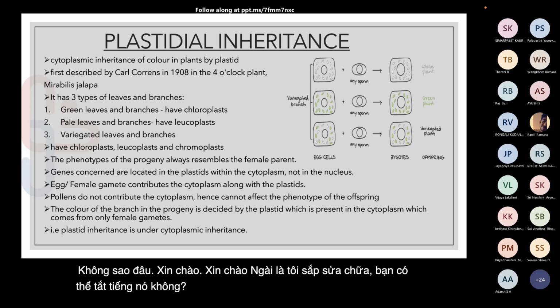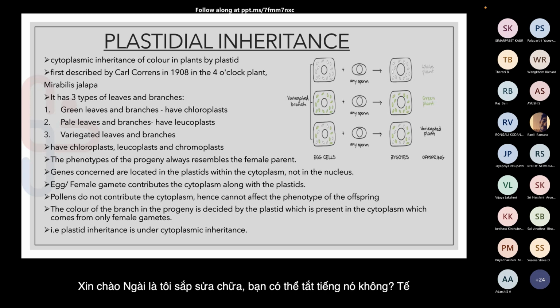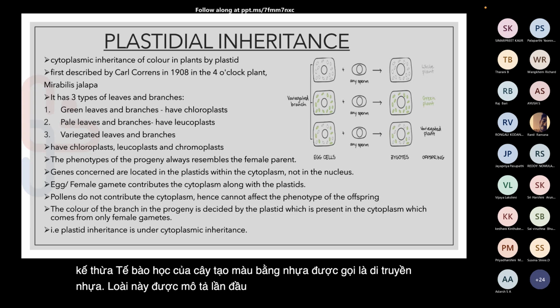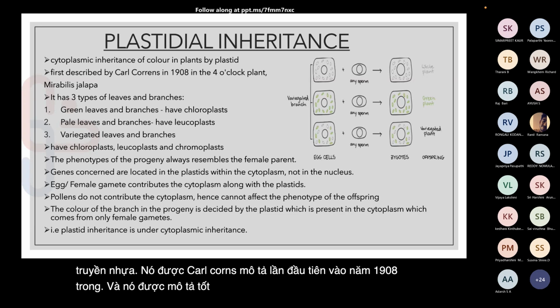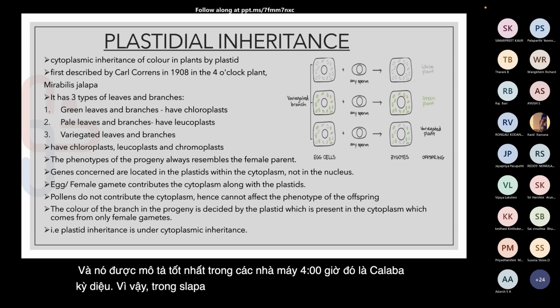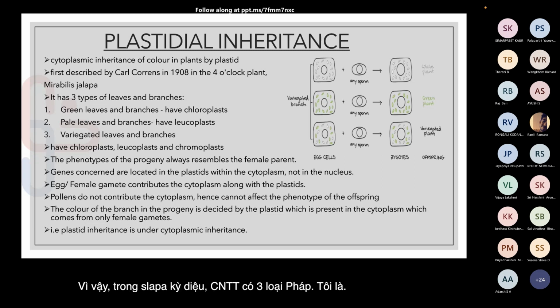The cytoplasmic inheritance of color in plants by plastid is called plastid inheritance. It was first described by Carl Correns in 1908, and it is best described in the four o'clock plant, that is Mirabilis jalapa. In Mirabilis jalapa, there are 3 types of branches: the green leaves or branches, the pale leaves, and the variegated leaves.